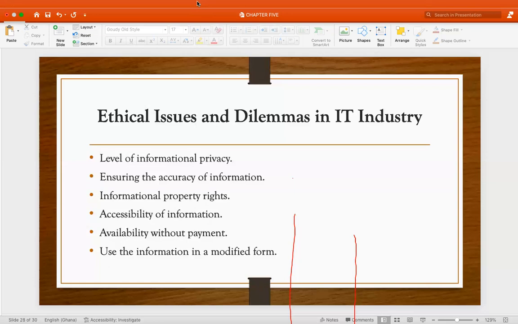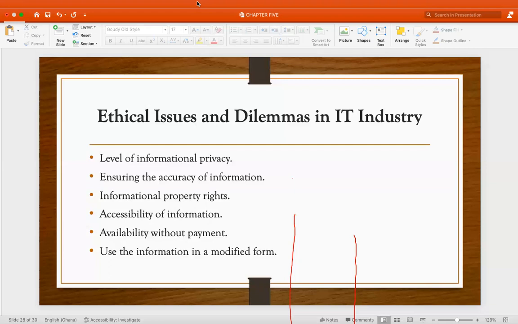These are two things that always bring some form of dilemma in the IT industry. Ensuring the accuracy of information is also another thing. Today you are making sure that the accuracy is right, and the next time, because you don't control the IT industry, another thing has come in to debunk it or to change it completely.